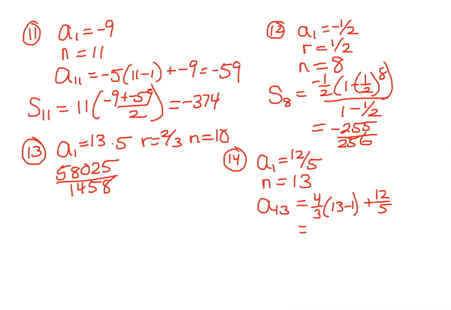This is going to be 12. 3 goes into 12 four times. So this could be 16 plus 12/5. I think I did that wrong. Maybe that's not what D is. No, that's right. One and a third.